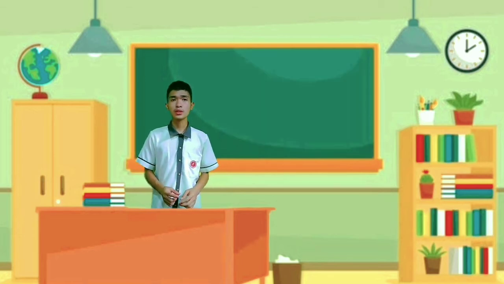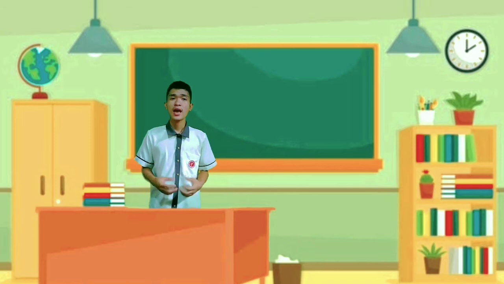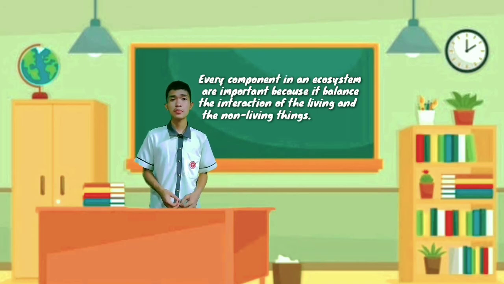Is every component of an ecosystem important? Why? That's right. Every component in an ecosystem is important because it balances the interaction of the living and the non-living things. The interaction helps them live and survive in the environment.